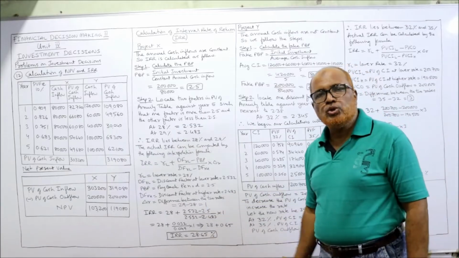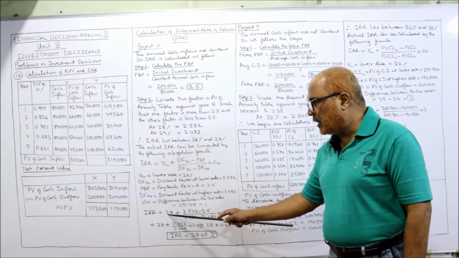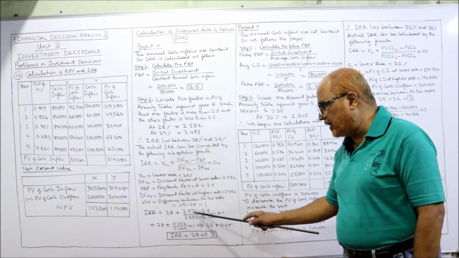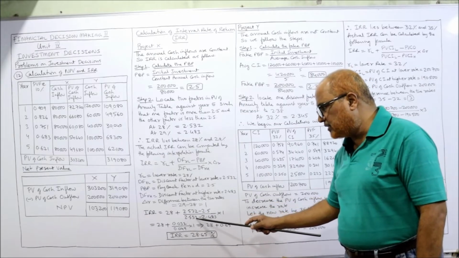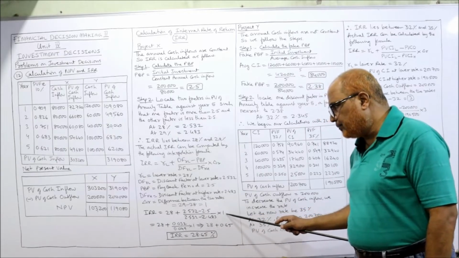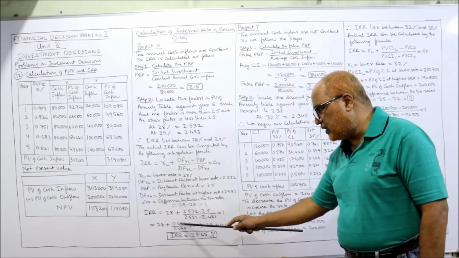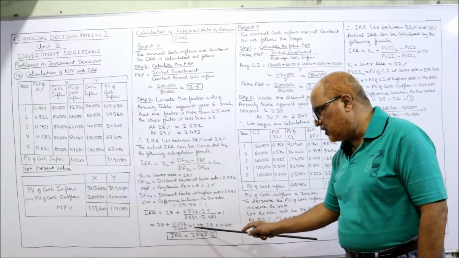Now substitute all the values in the formula. IRR is equal to RL, which is 28%, plus DFRL 2.532 minus PBP 2.5, divided by DFRL 2.532 minus DFRH 2.483, into delta R of 1. Now 2.532 minus 2.5 gives 0.032, and the denominator gives 0.049 into 1.